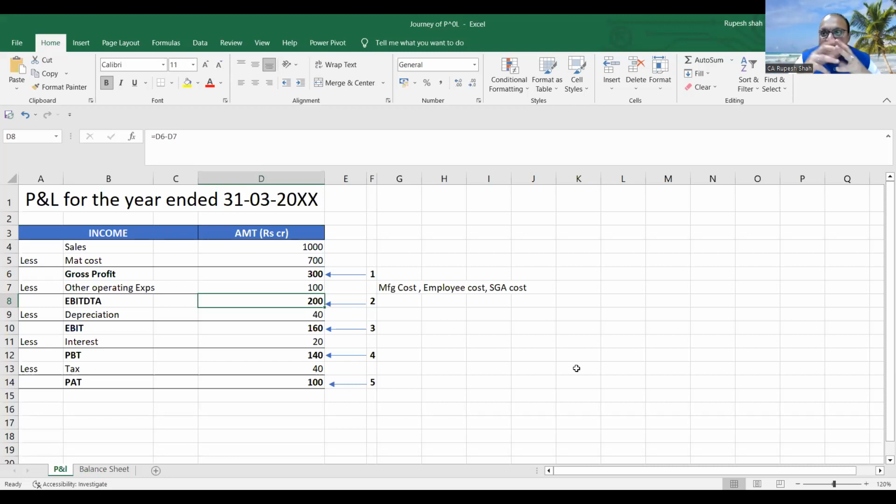Then the question arises, what is the meaning of amortization, right? Now, amortization is also, technically speaking, a depreciation, but the word depreciation belongs to tangible assets like furniture, building, car, vehicles, etc. The word amortization is a depreciation only, but it is attached to intangible assets.